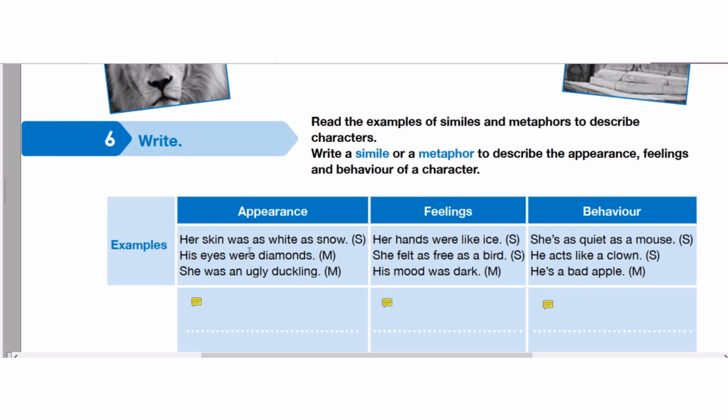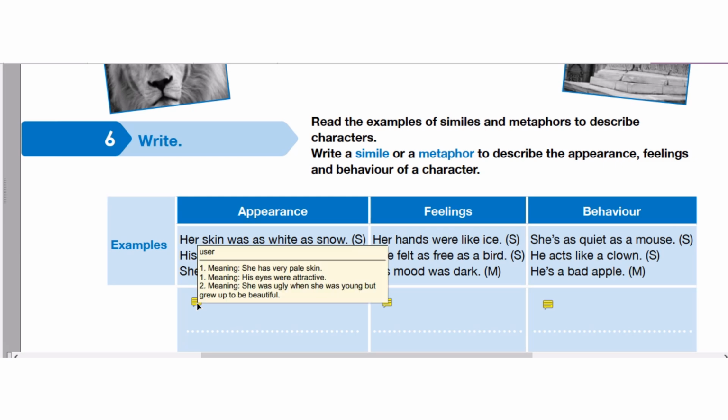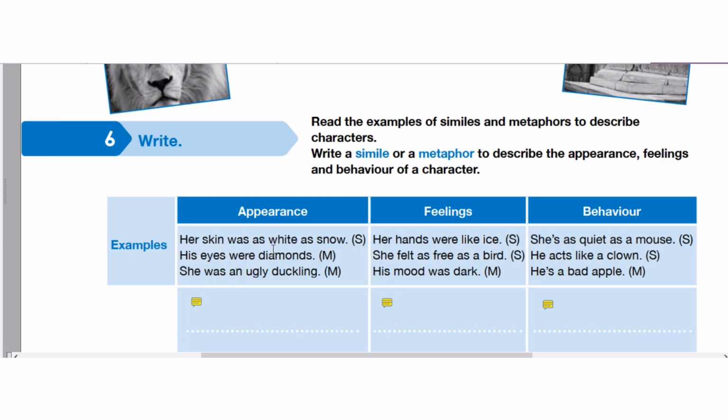His eyes were diamonds. This is a metaphor. Okay, it means what? His eyes were attractive. Diamond here, it means attractive. She was an ugly duckling. We know the story of the ugly duckling.